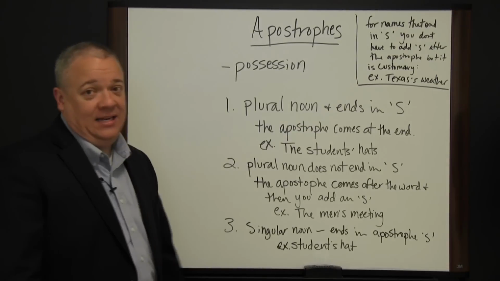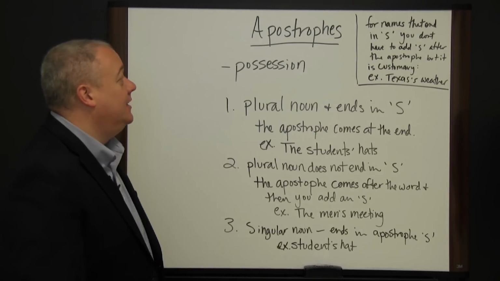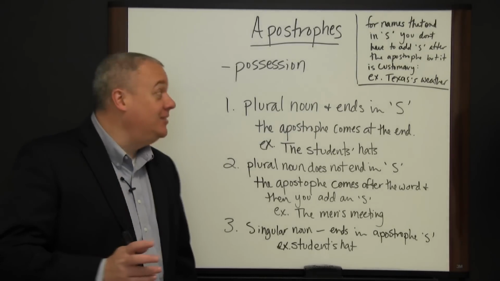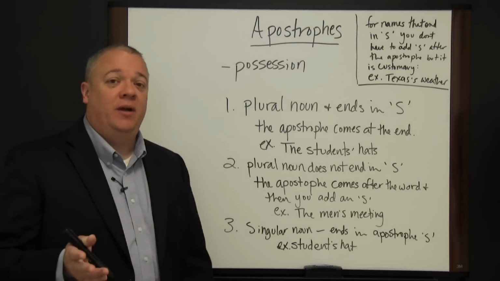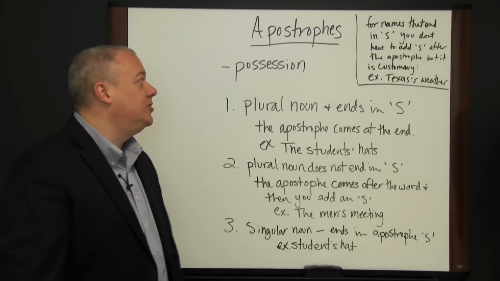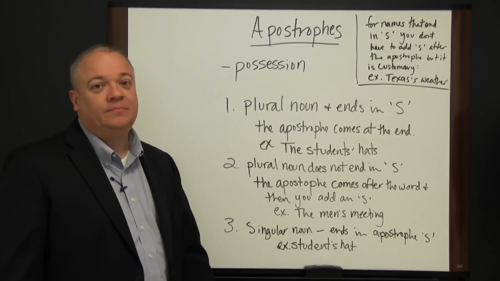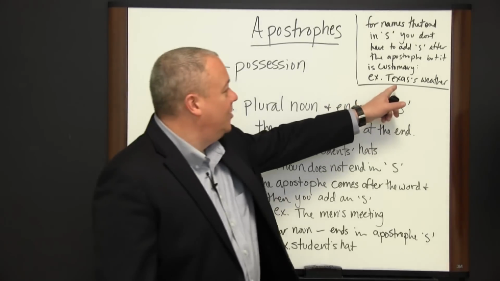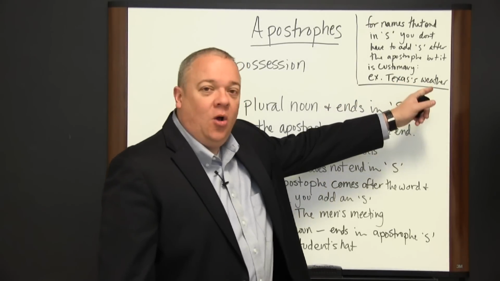For names that end in S, proper names, things like that, you don't have to add another S at the end, but it is customary to do so. So when you talk about the Joneses' house or Texas's weather, the way you do it is the word Texas, apostrophe S, weather.